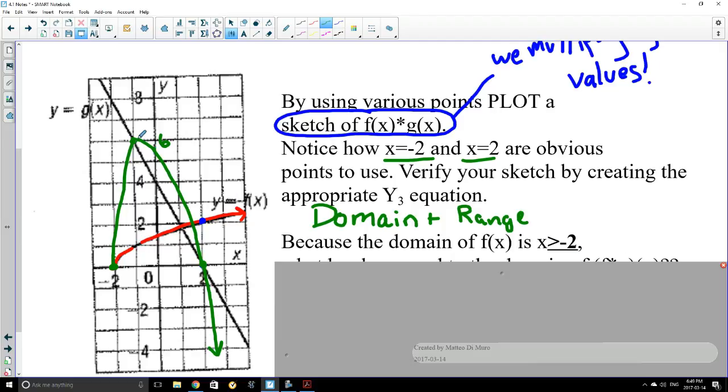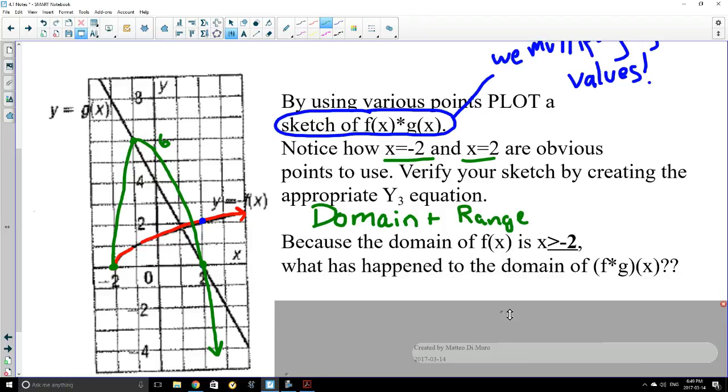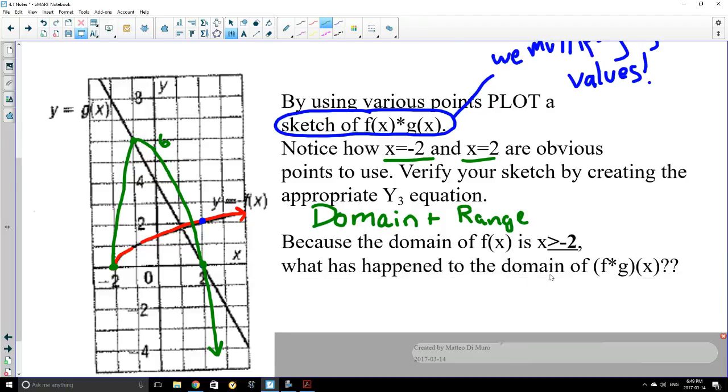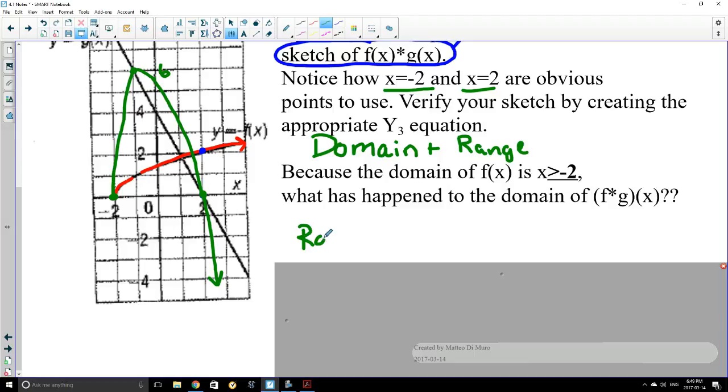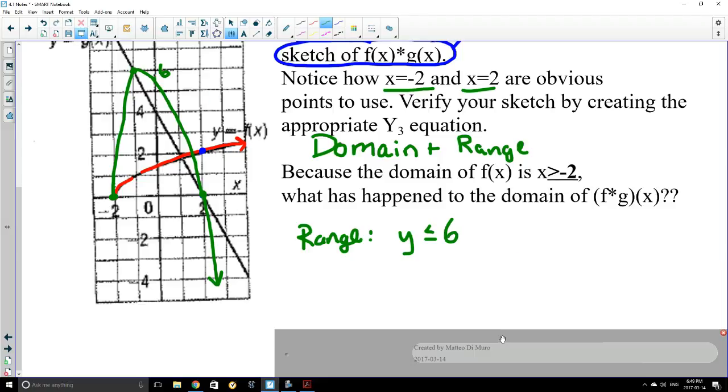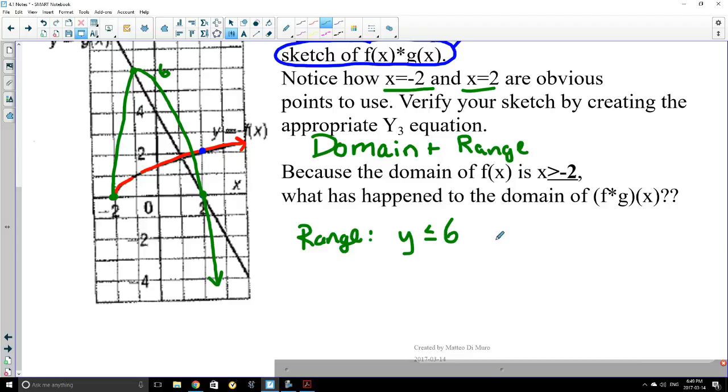The highest point that we get is 6, and then it goes down to -infinity. So for the range, the highest point that we're going to get is 6, and then we go down, so we can say y is less than or equal to 6. I think that's pretty much it. At this point, I think you've got enough information.